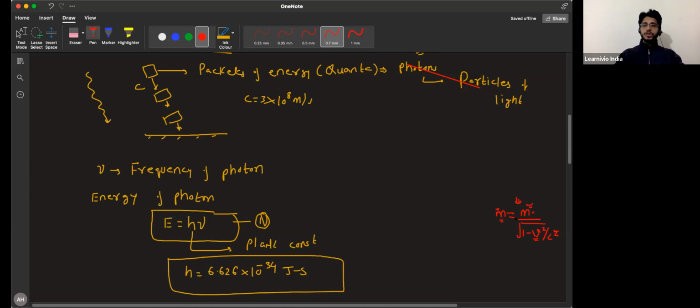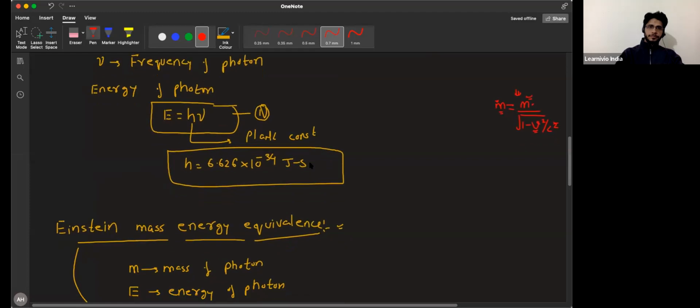At that speed, the change in mass is significant. In our day-to-day life also, mass increases with speed, but the change is not very significant. That's Einstein's special theory of relativity, STR.